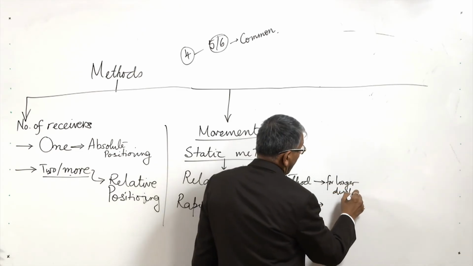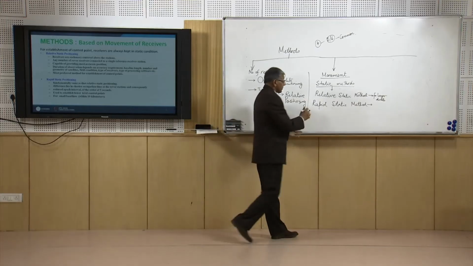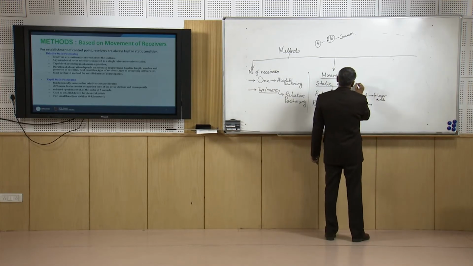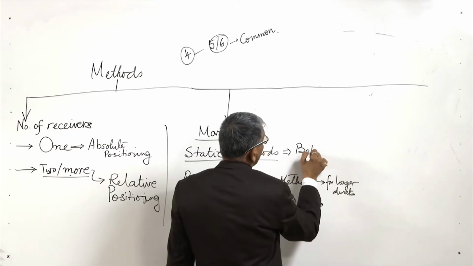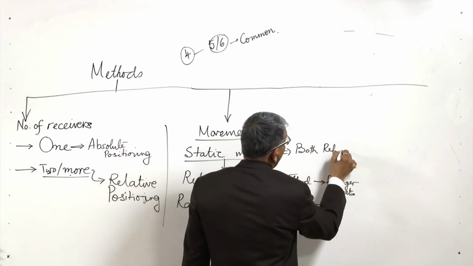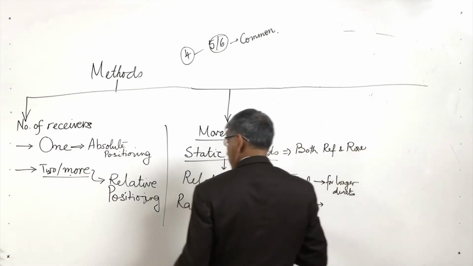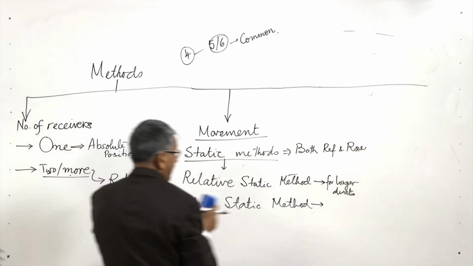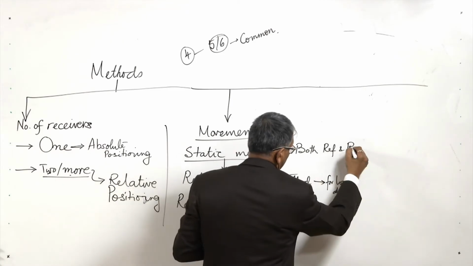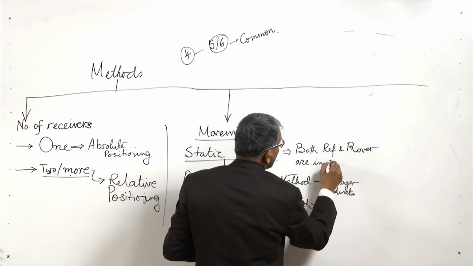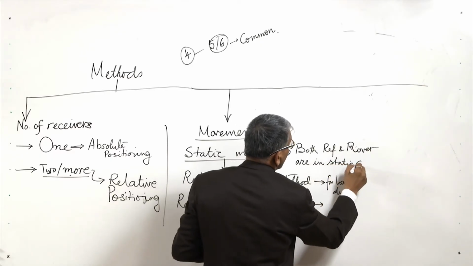In both the relative static and rapid static methods, both reference and rover are in static condition.